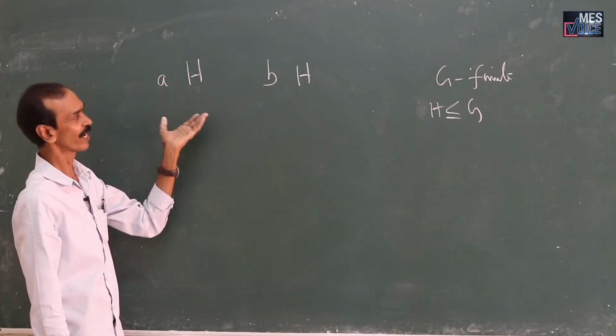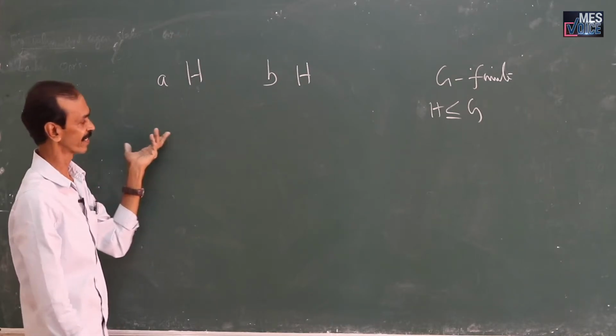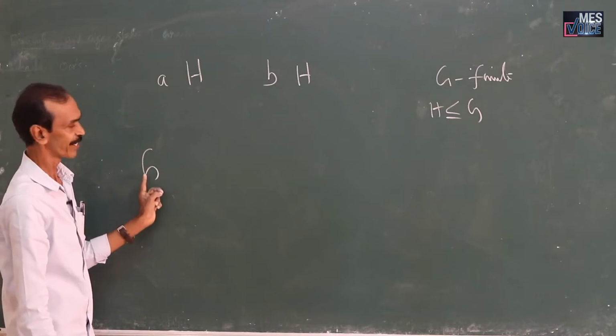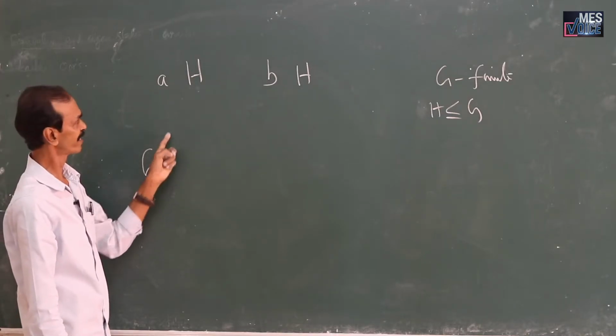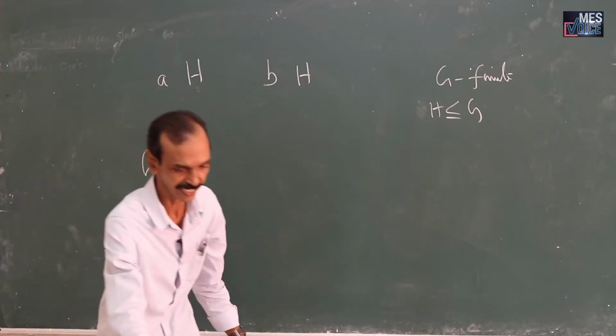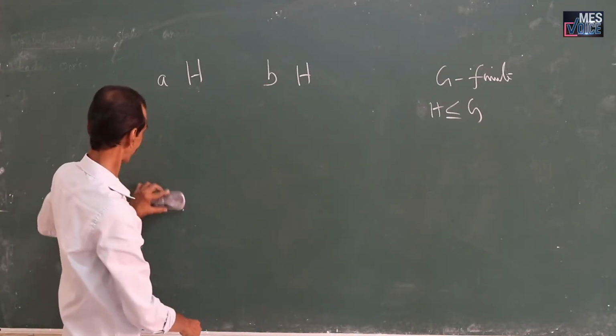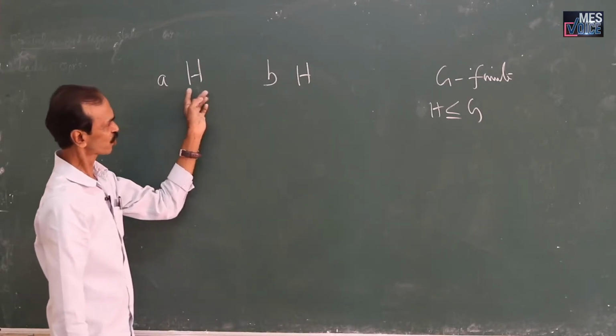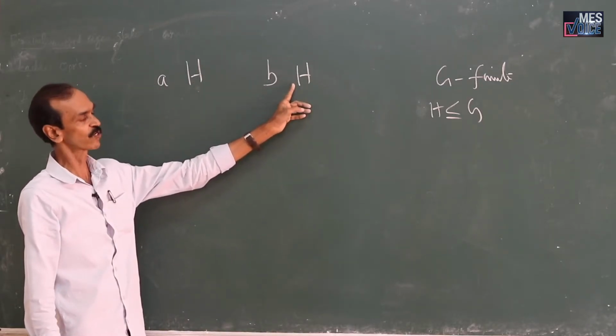So, we have already established that the group G is actually a union of mutually disjoint left cosets as well as right cosets. That we did.